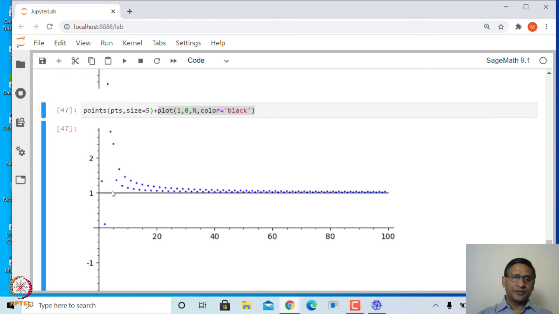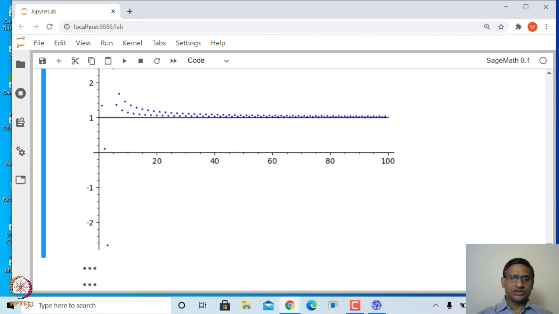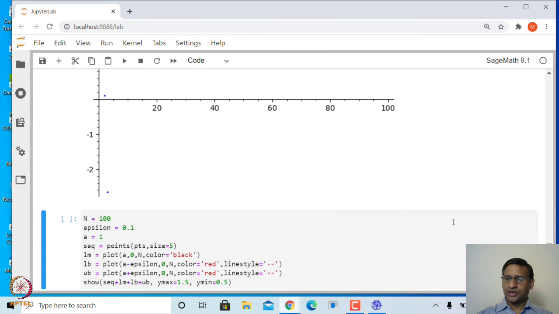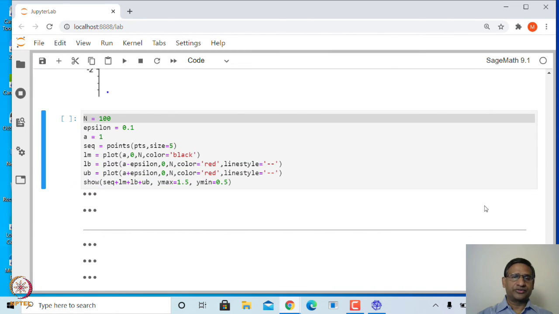So, suppose we draw horizontal lines at the limit a plus epsilon and a minus epsilon. That is a horizontal band around y equal to 1, and then we see what happens to the sequence. That is what is done here.